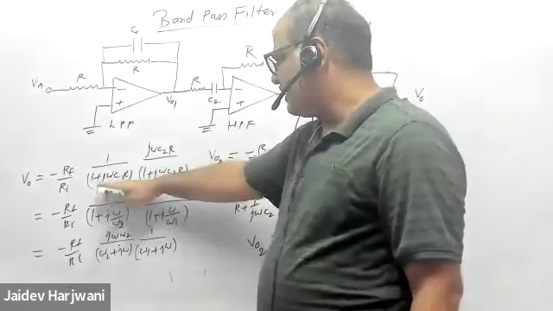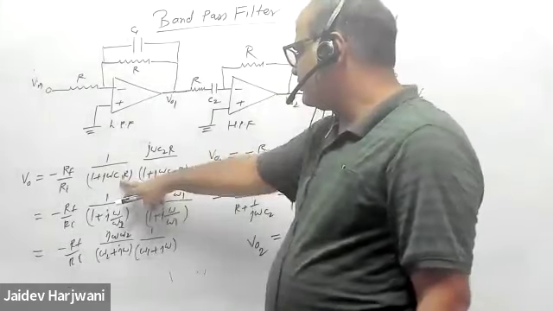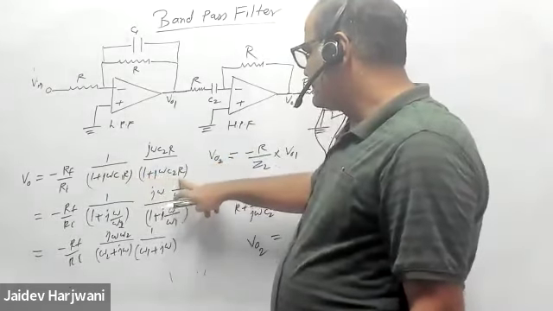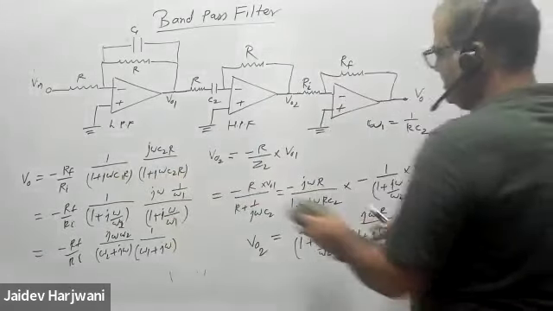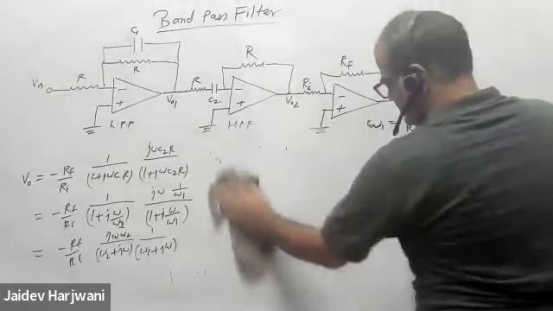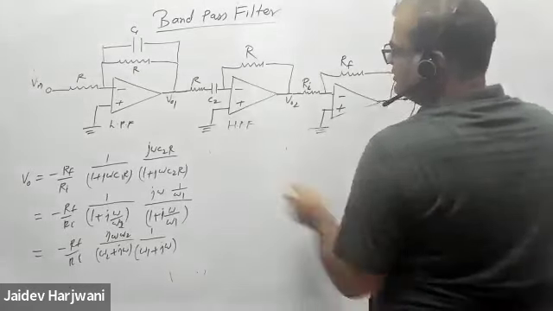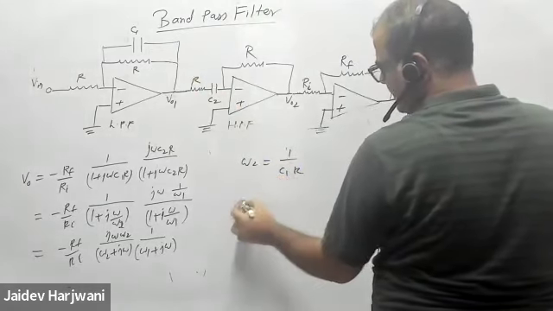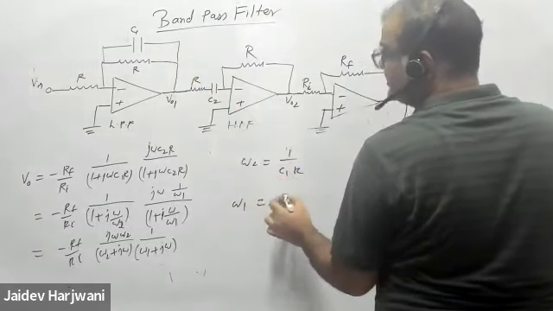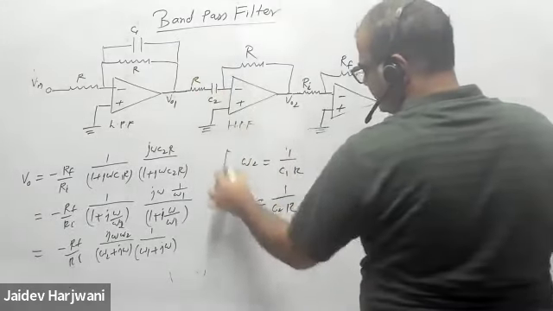This is the output, and we know 1 by C1R is omega 2, and 1 by C2R is omega 1. Only this you have to remember.